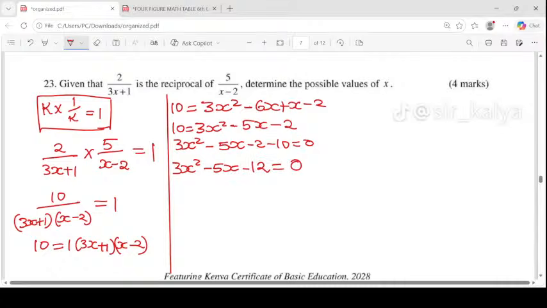The sum is negative 5. The product is negative 36. Will I be able to get the two numbers?